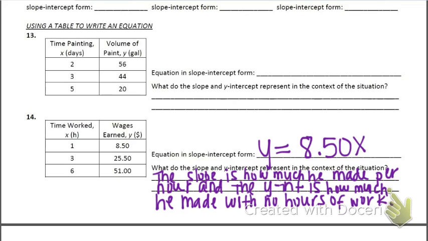What's 8.50? How much he makes for each what? For each hour. Now there is no y-intercept. What does that mean? He starts at what? 0. Which should make sense, right? If he's paid at an hourly rate, will he get paid anything for working 0 hours? Okay.